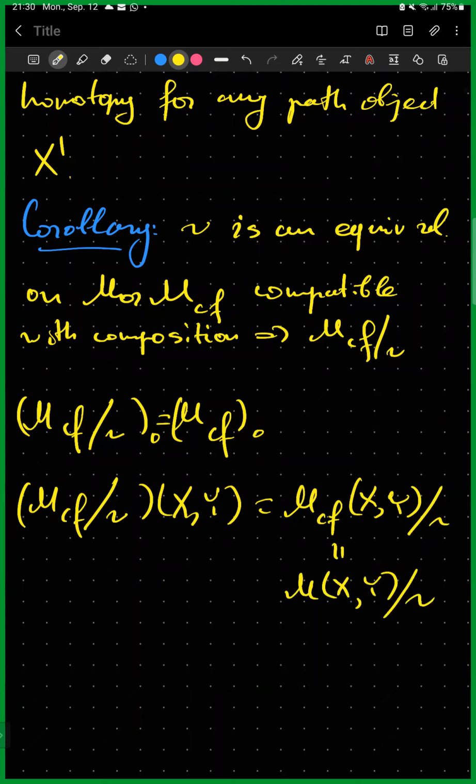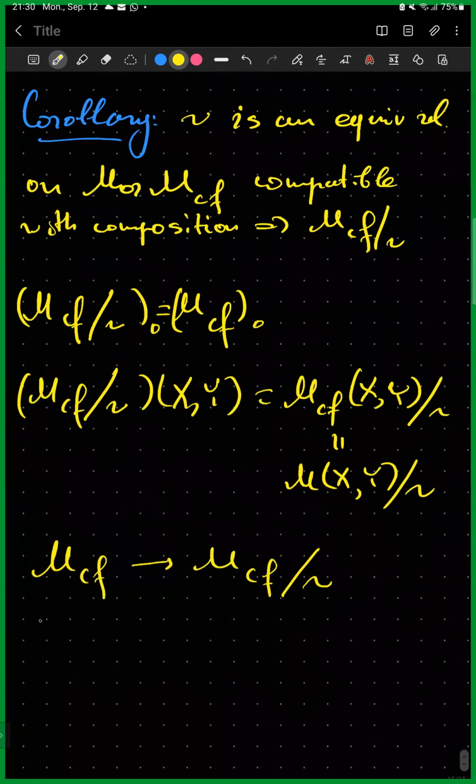So we clearly see that the functor which goes from M_cf to this quotient category, so to speak, inverts homotopy equivalences. However, we wanted to invert weak equivalences as well.